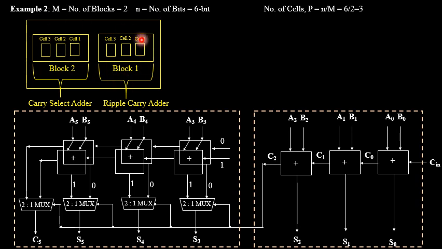So A0 B0, A1 B1, A2 B2 will be represented in terms of ripple carry adder cell. So here you can see this is block 1 and this represents block 2.